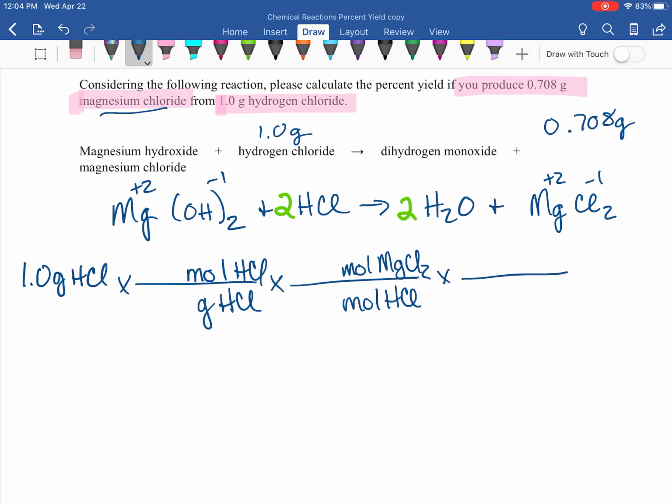So let's do moles of magnesium chloride, moles of HCl, and then let's convert that to grams. Excuse me, it's allergy day today. Grams of HCl. Okay, let's fill in some numbers.